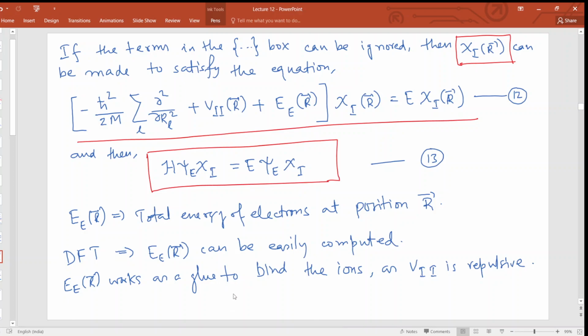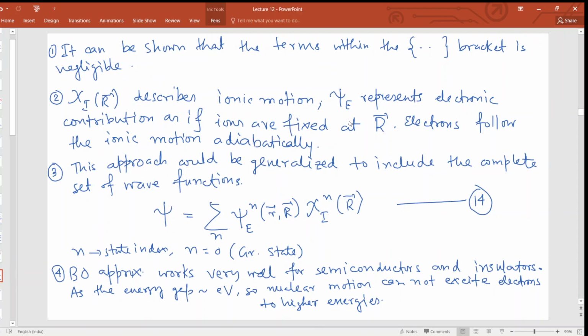Here we have also given a little explanation that psi I is giving us ionic motion, psi E is giving us electronic motion. And we can find out the total wave function if we make the product of both of these, and put a label that will be the state index.